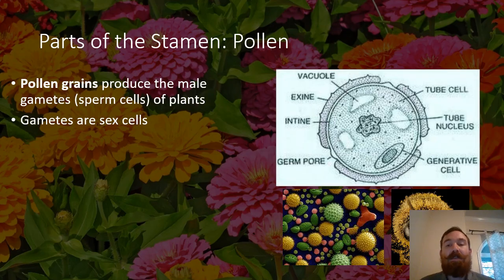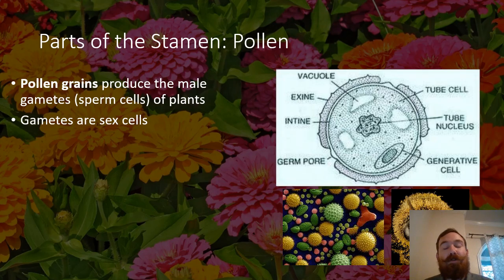The pollen grain is its own organism that has its own short life. And its job as this tiny little male plant is to go share its genetic information with a tiny little female plant.